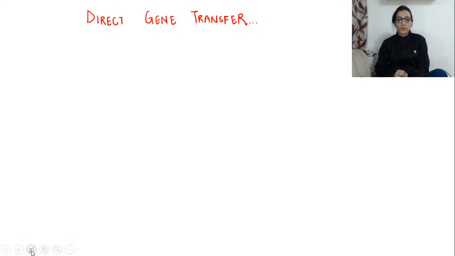Now we'll be talking about direct gene transfer. Direct gene transfer methods. The term direct or vectorless gene transfer is for introducing the foreign DNA directly into the plant genome.